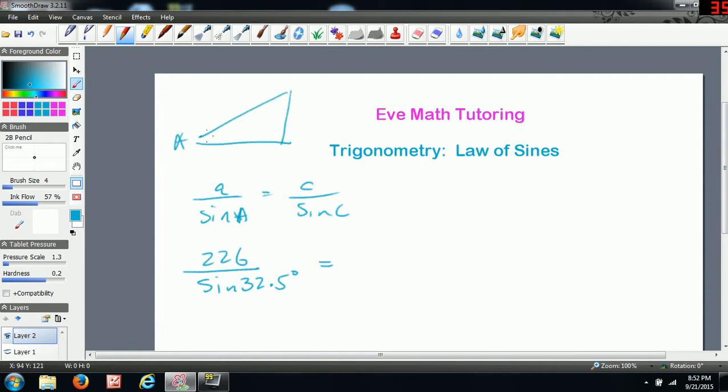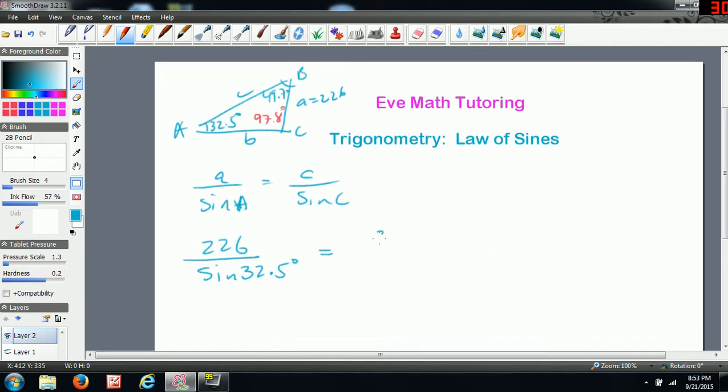Angle A was 32.5 degrees, angle B was 49.7 degrees, side a was 226, with little c and little b. And we figured out that angle C was 97.8 degrees by doing math, so that part wasn't given in the question. Angles always have a degree with them. We don't know side c, but we do know angle C, so we use that.